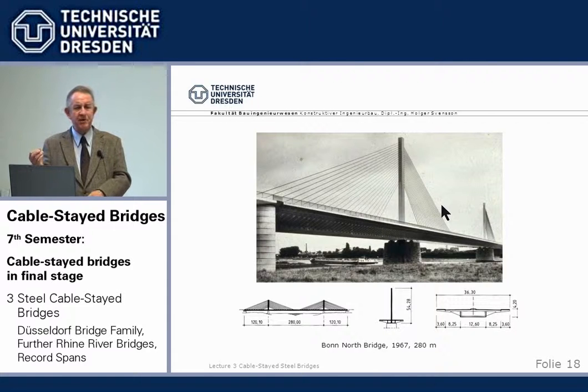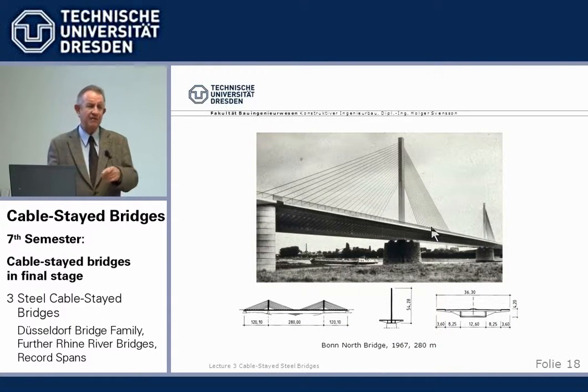So we came from bridges elastically supported at distinct points, say 50, 60 meter distance, to a uniformly elastically supported cable-stayed bridge. And here he had a distance at the beam of 4.5 meters.